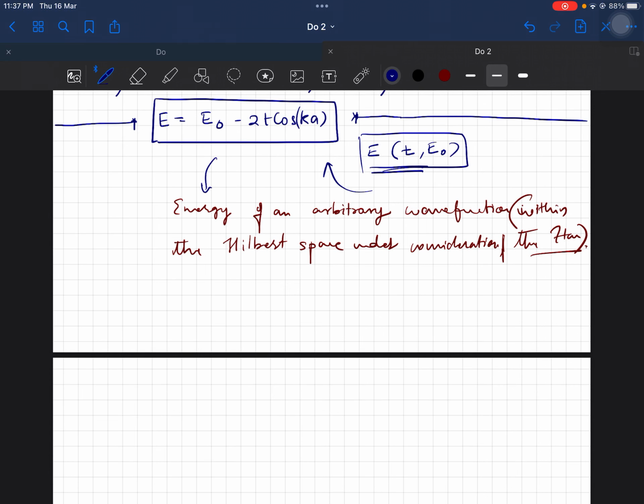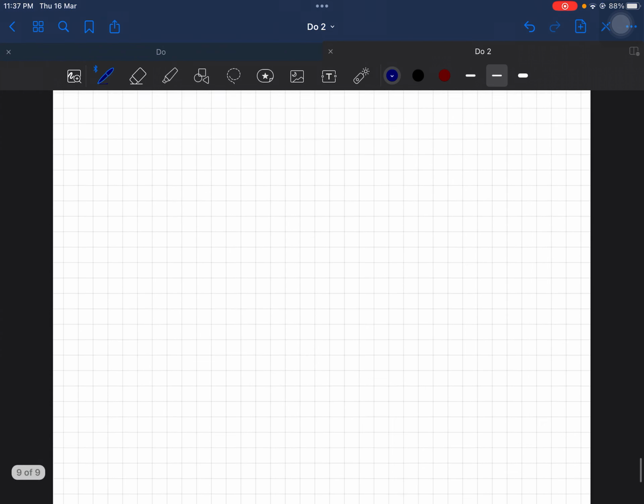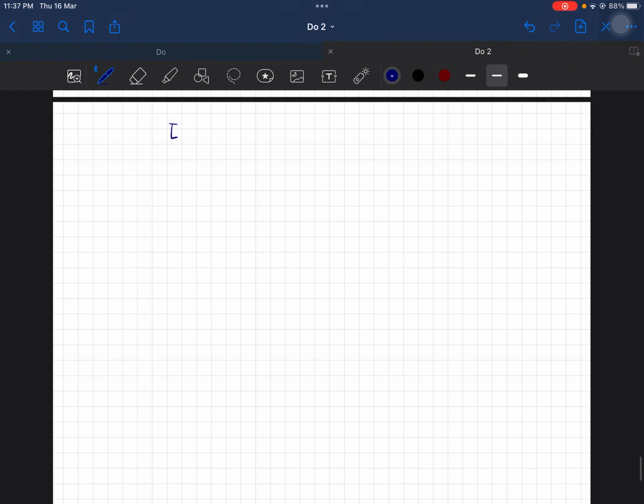I don't want to write the statement, but I'll just keep it. So I'm going to rewrite this as 2t cos k.